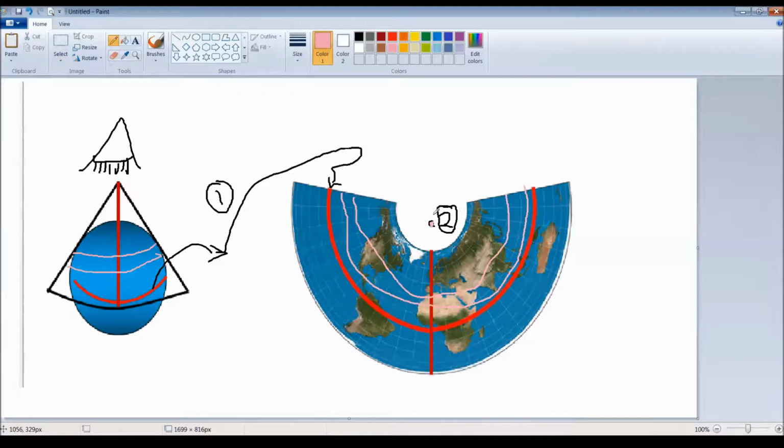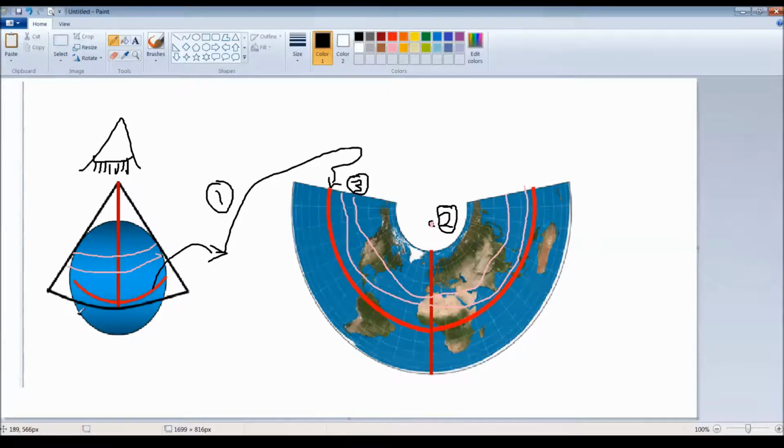So that's one of the properties, or if you'd like to call it the third property here, that all the different latitude circles are going to be concentric, meaning they all share the same center, and they are all going to be circles.